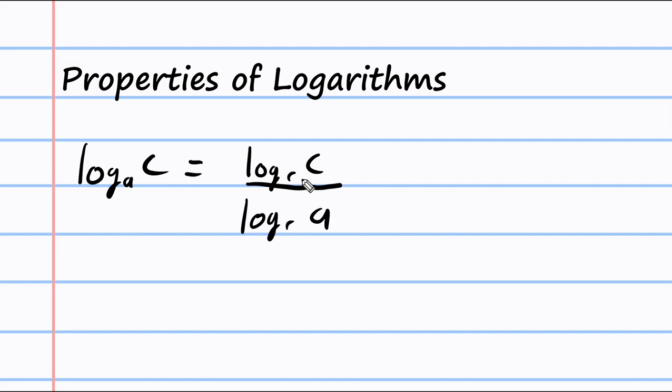So I can change the bases if I have a common base like r. So I can change this logarithm to any base that I want as long as I keep this. So those are just some of the important properties of logarithms that you need to know when going into calculus.